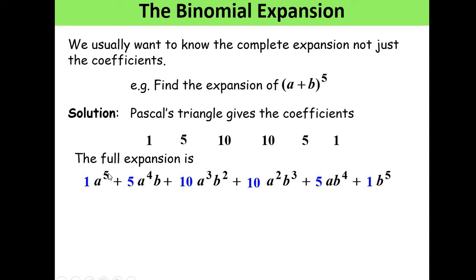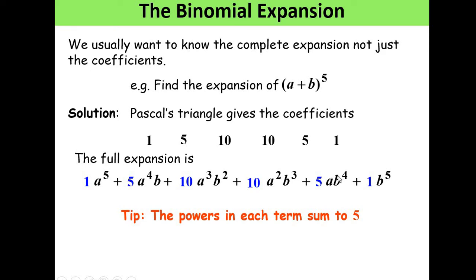So there's a b to the 0 there, but you don't need to write it. That's a b to the 1, but you can just put b, b squared, b cubed, b to the 4, b to the 5. Okay, so hopefully it's starting to make a bit of sense. And that's also important, I forgot to say that in each term your powers should add up to the power that's given in the question.